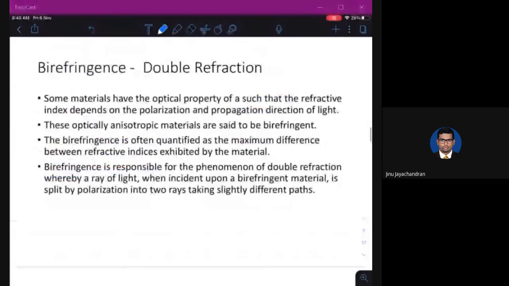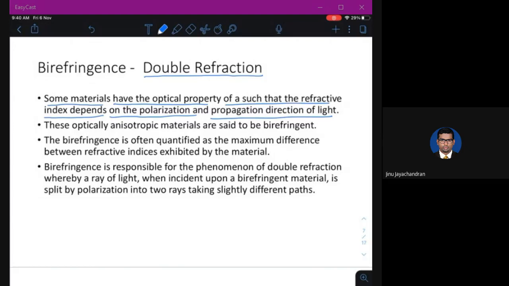It is basically the term for double refraction. Refraction is the bending of light, and double refraction means you are bending it twice, or making the light bend such that you have two different rays. Some materials have an optical property such that the refractive index depends on the polarization and propagation direction of the light.